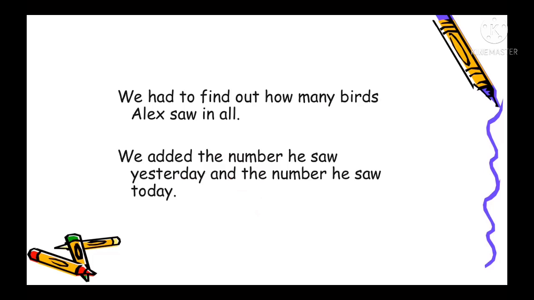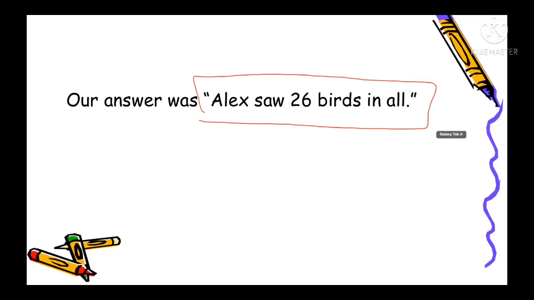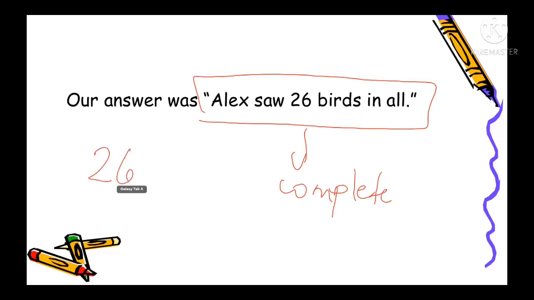So we need to write: Alex saw 26 birds in all. This is the complete answer. If your answer is only 26, I will mark it wrong. It must be a complete answer.